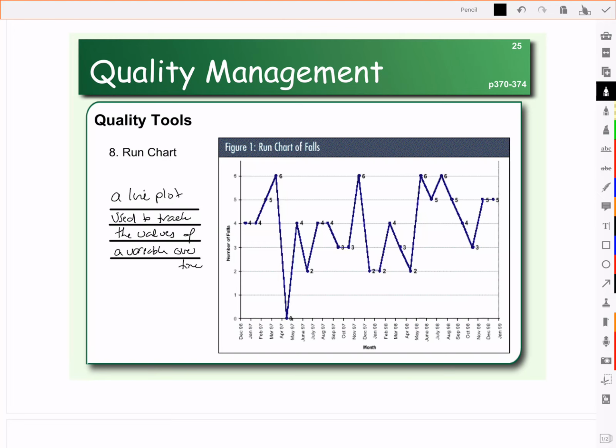Here we have an example of a hospital, and these are falls that are happening in the hospital. We would expect it to be random, right? When people fall down in the hospital, it just is a random occurrence. If we see a trend, then there's a quality issue we need to address.